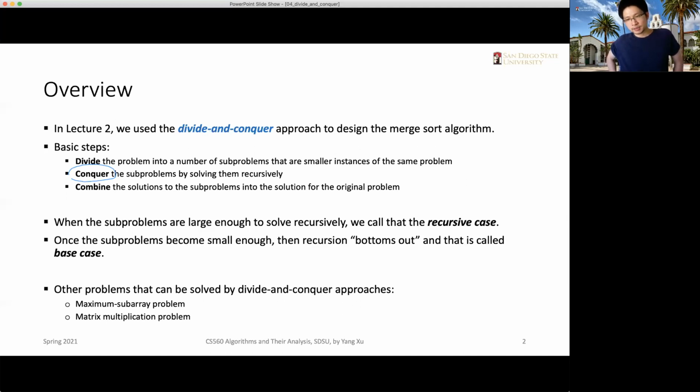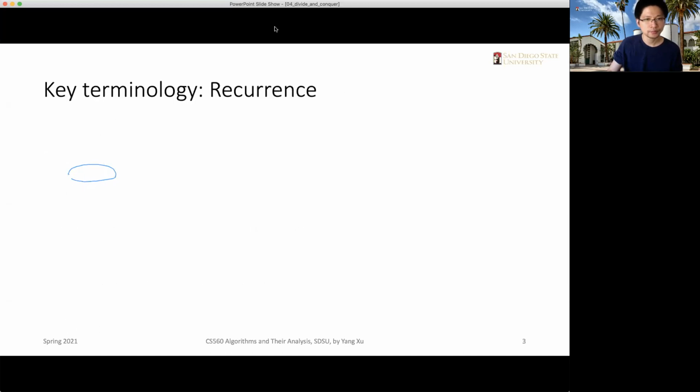Through these two examples, we will see how divide and conquer approaches can be powerful, and how they can be used to overcome the limits in basically non-divide and conquer approaches.